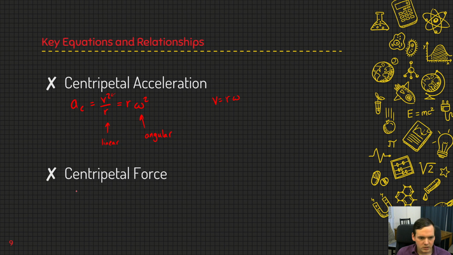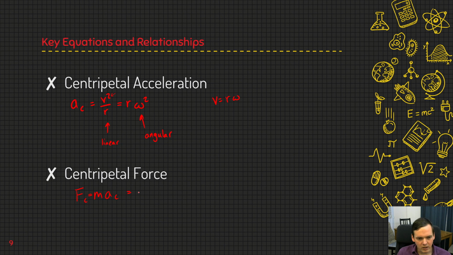Centripetal force is just the mass times the centripetal acceleration, because this is just Newton's second law. Now notice we don't have a net force here. That's because centripetal force could be a net force, or it could also be treated as a singular force.